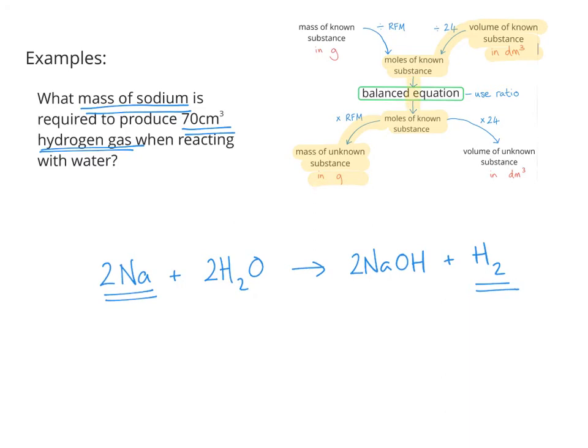So decimeter cubed, well, I haven't got decimeter cubed, I've got centimeter cubed. So first step is going to be changing centimeter cubed into decimeter cubed by dividing by 1,000. So 70 over 1,000 is 0.07 decimeter cubed, and that's my hydrogen.